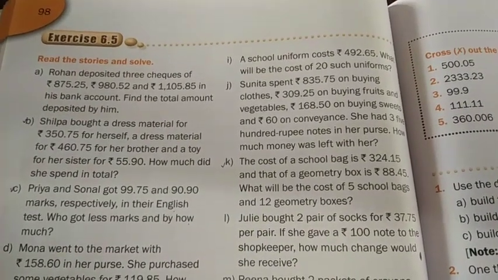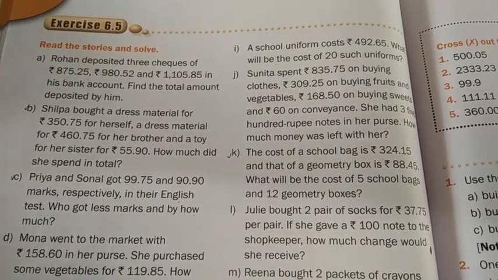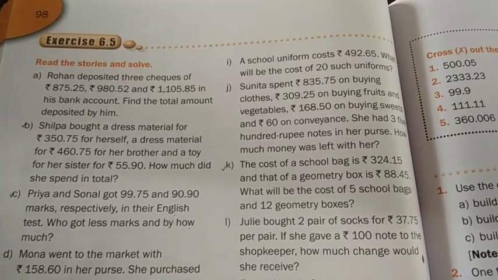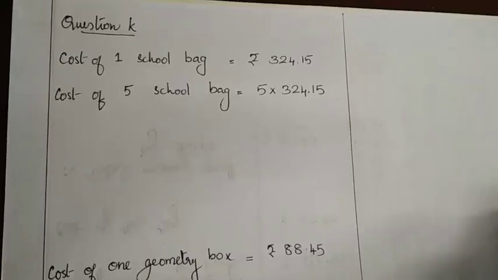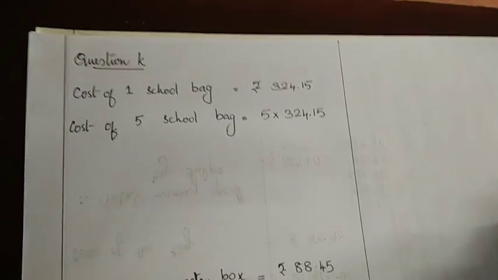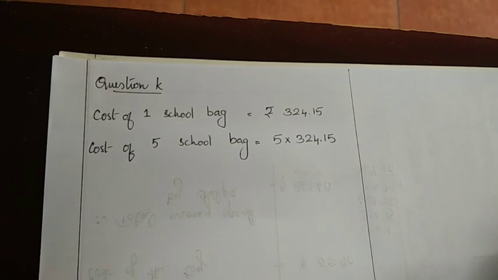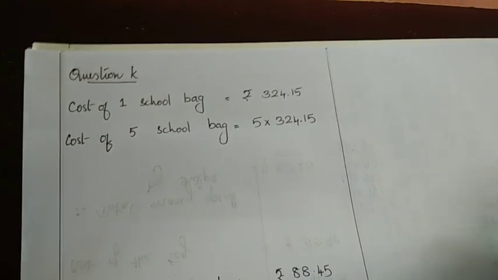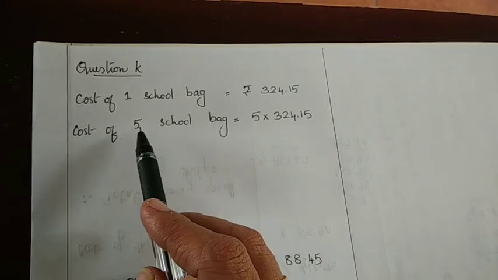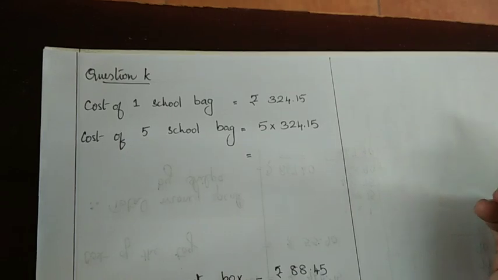How can we find the cost of 5 school bags and 12 geometry boxes? We have to multiply that, right? So write this question. Here we can write the statements as cost of 1 school bag equal to 324.15 rupees. We have to find cost of 5 school bags. How will we find? We will multiply with the 5.